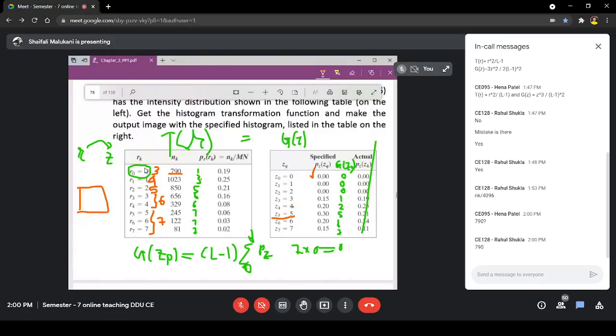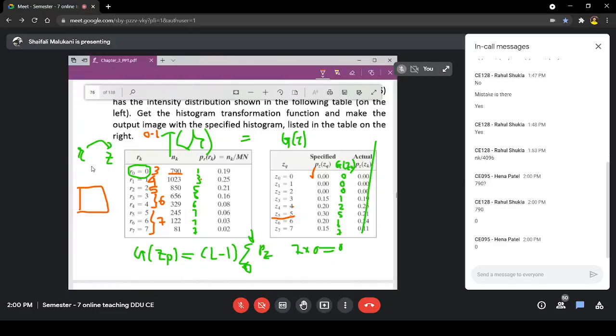Okay, so how many pixels will have values 0 to 2? Now in my output, if input is 0 it should be replaced with 3, and in this way it should be replaced. So now in my new image, how many pixels will have values 0 to 2? Yes, 0 pixels.